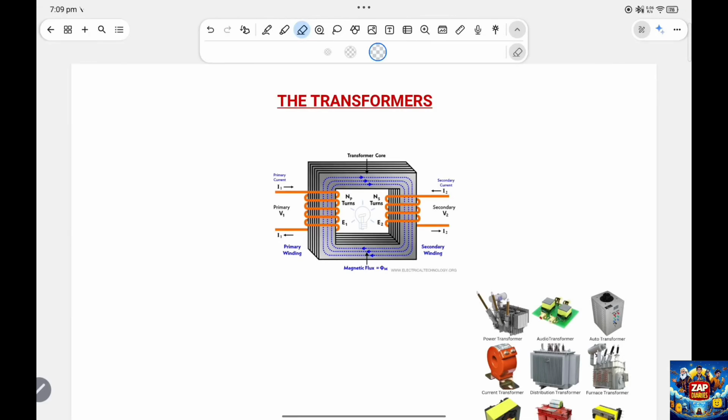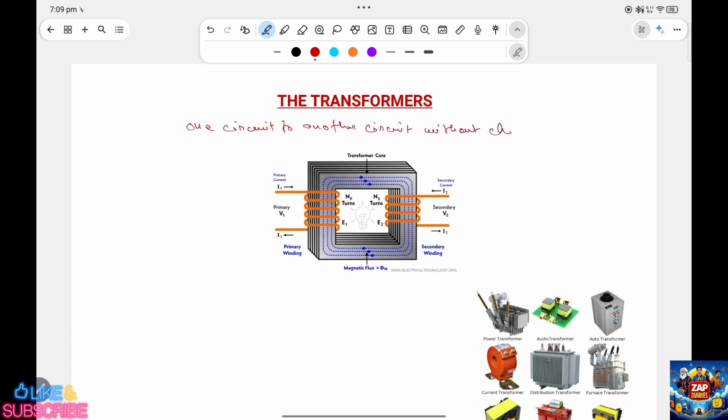Today we're gonna learn about the transformers. So a transformer is basically a static electrical device that transfers electrical energy from one circuit to another circuit without changing the frequency.